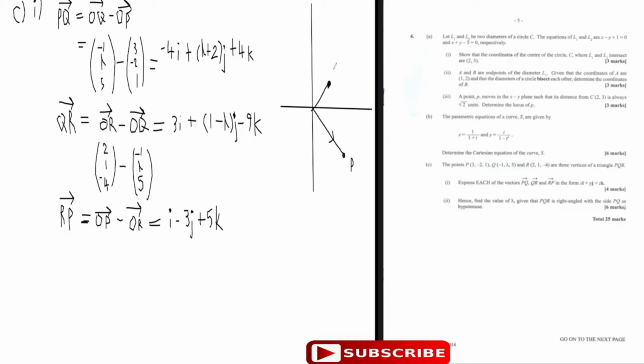This is R. All right, so remember we're only looking at the x and y coordinates. P is 3, minus 2. R is the point 2, 1.